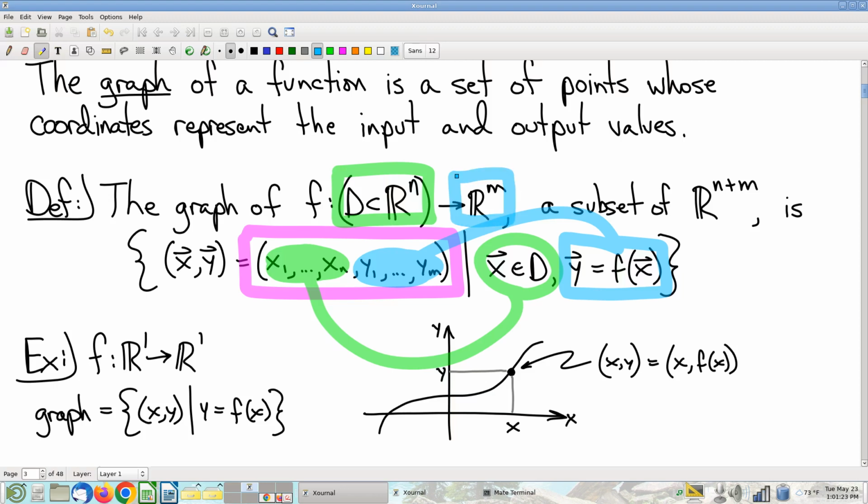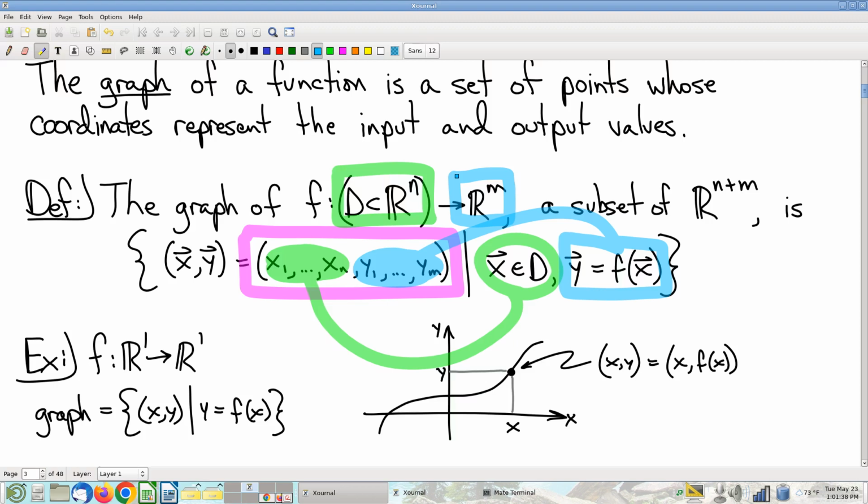Another way to say it is you take the input point and the output point and smash them together to form a big uber point that has both input coordinates and output coordinates all in the same point.